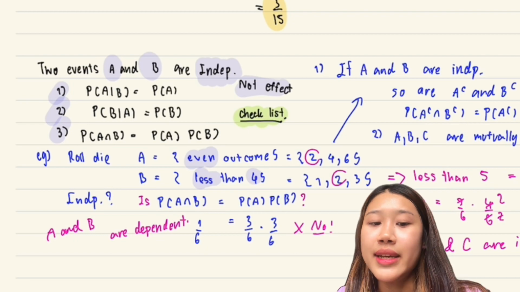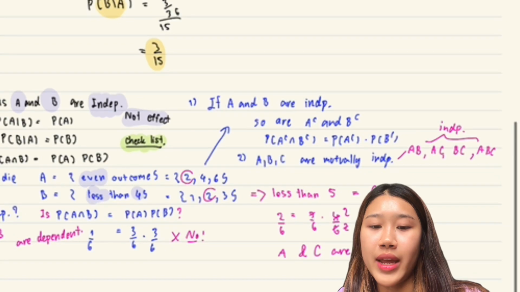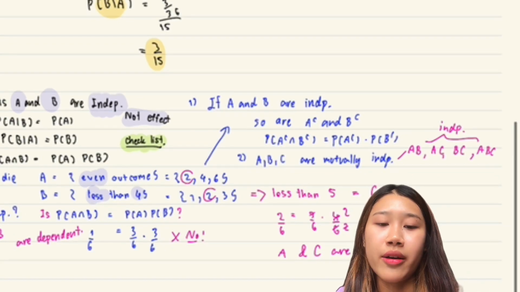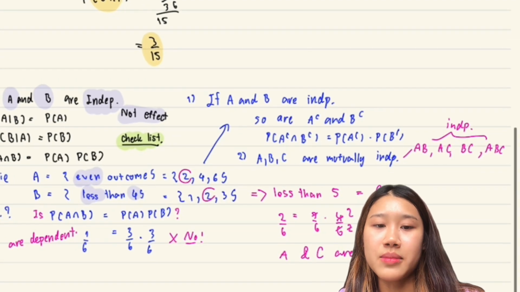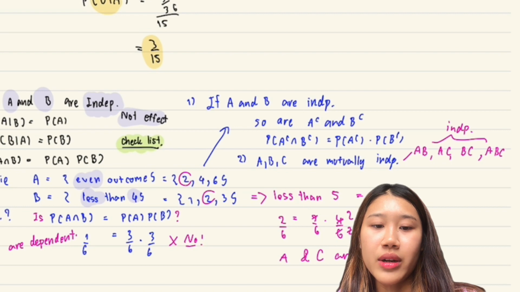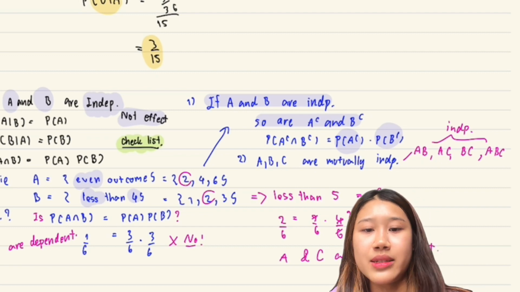The question is whether the probability of A intersection B equals the probability of A times the probability of B. We are going to find the probability of A intersection B, where the outcomes are even and less than 4. So we have one possible outcome, which is 2. 2 is an even outcome and less than 4.